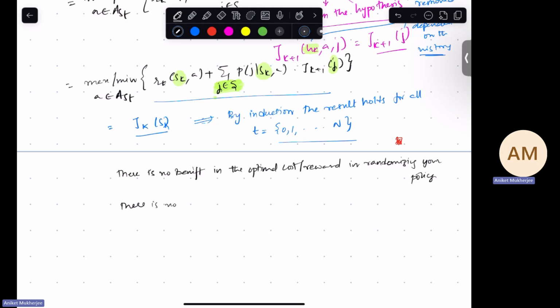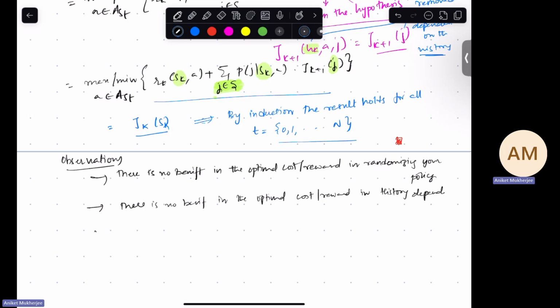There is no benefit, these are your two observations. Optimal cost or reward in taking a look at the whole history dependence.